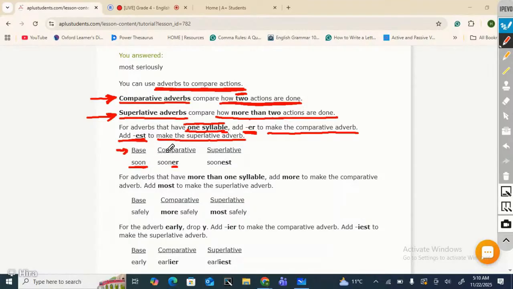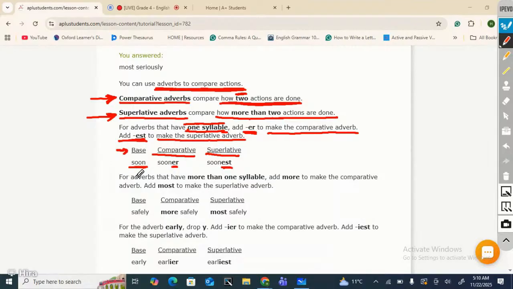So with soon, to make it a comparative adverb, add er after the word and add est to make it a superlative adverb. So this is how we make comparative and superlative adverbs if the adverb has one syllable.